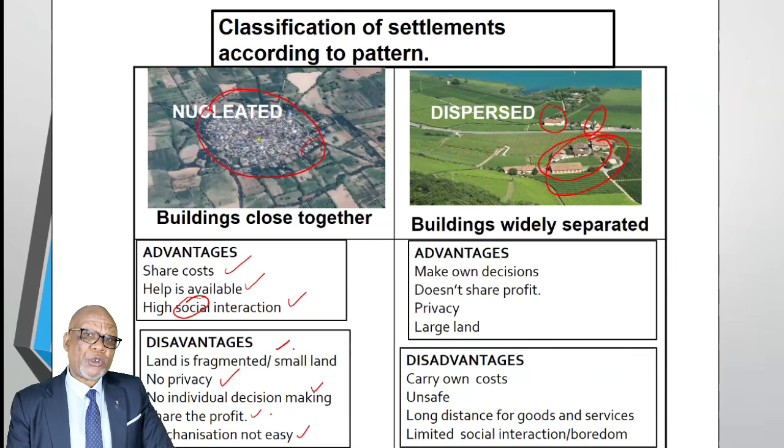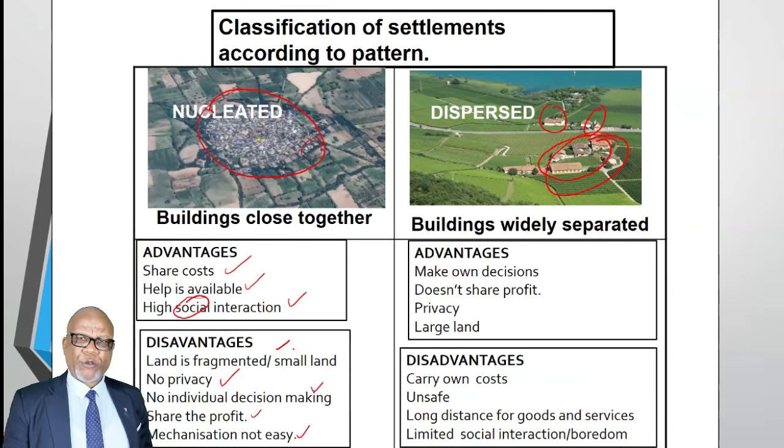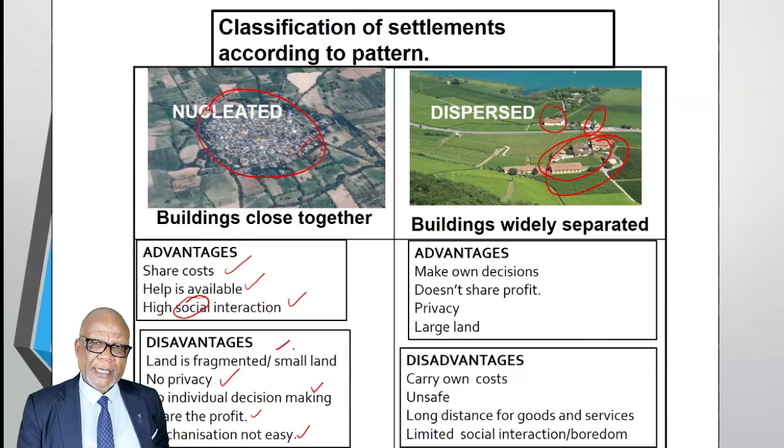It is now economic because now it's talking about the profit, which is money. Mechanization is not easy. It is social, but you can also add to it to make it economic and say mechanization is not easy and therefore you are going to produce less, and with less production there's going to be less profit.